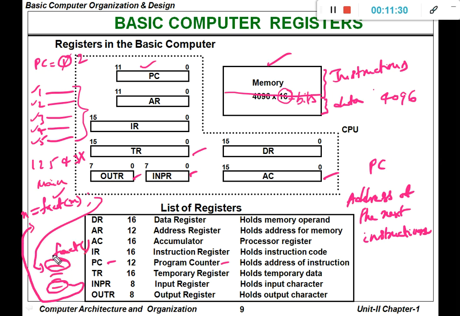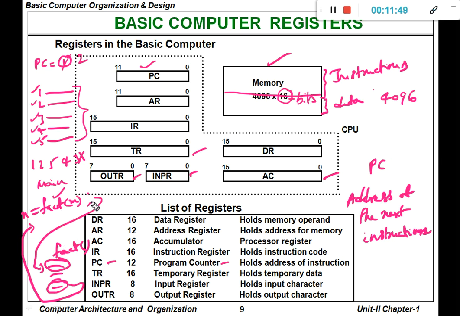Like this, now the sequence has been changed. Even though the sequence has been changed, the address of the next instruction will be represented by the PC, program counter.